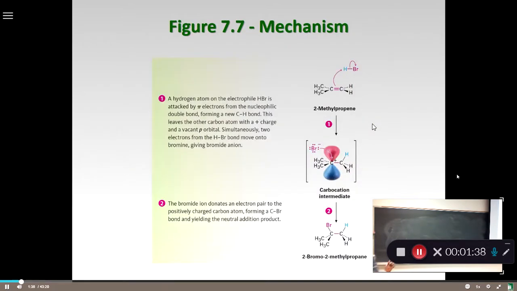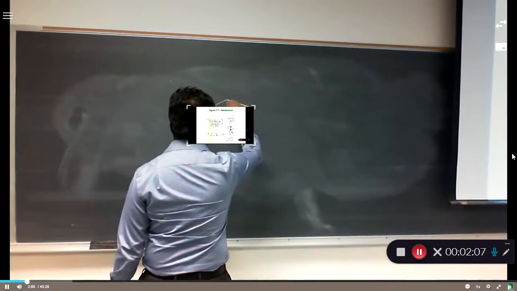Here is the mechanism for the reaction between alkene and HBr. I'm not going to use the same exact molecule. In your textbook you have 2-methyl propene, but I'm going to use propene.